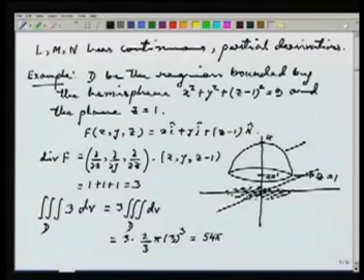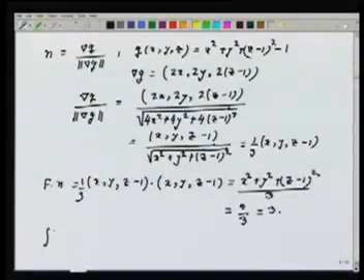The first one I call S2 and this one I call S1. So S1 is the plane z equals 1 and S2 is the hemisphere. So first I would like to calculate the double integral over S2 of f dot n d sigma.